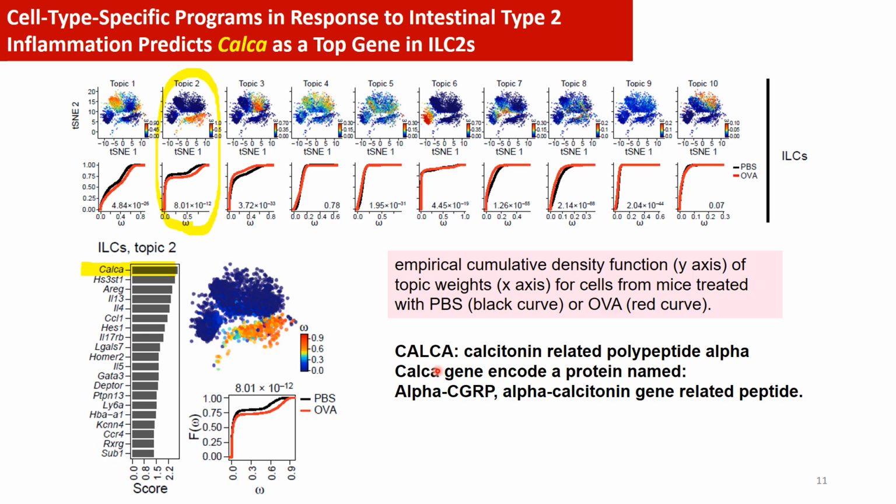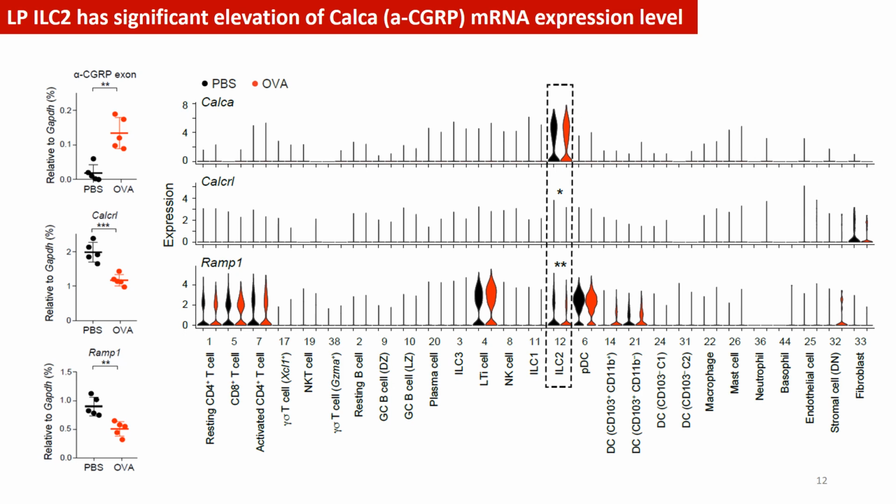Calca stands for calcitonin-related polypeptide alpha, and its gene product is called alpha-CGRP. In the left panels, you can see alpha-CGRP compared with two other genes. Alpha-CGRP significantly increased upon OVA challenge, while the other two genes significantly decreased upon OVA challenge.